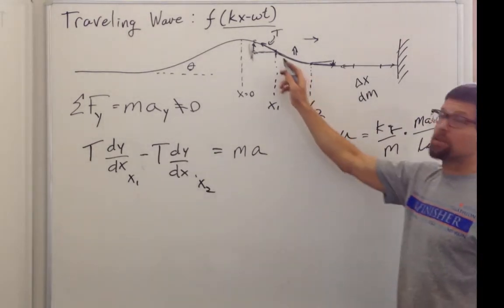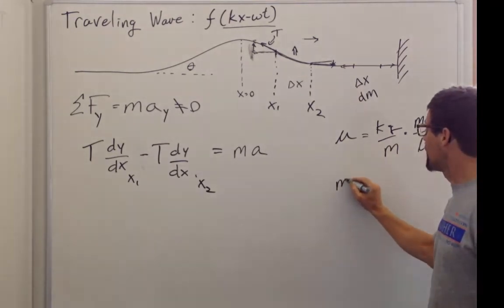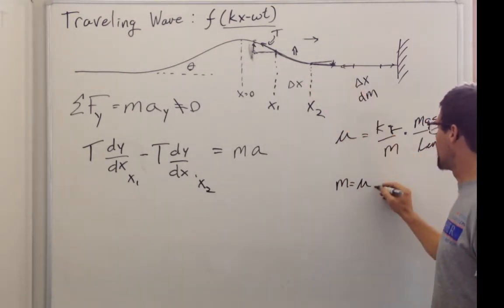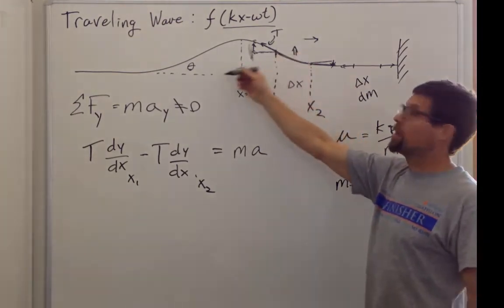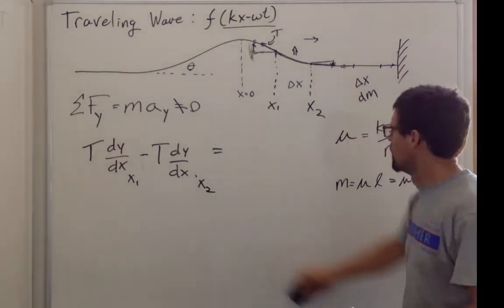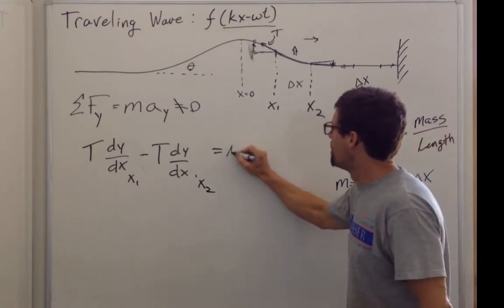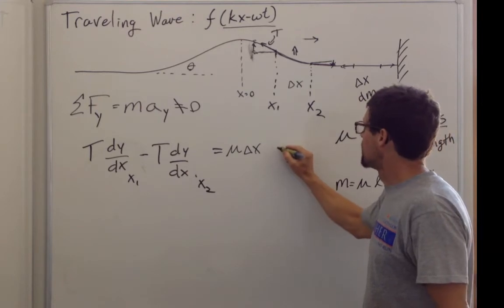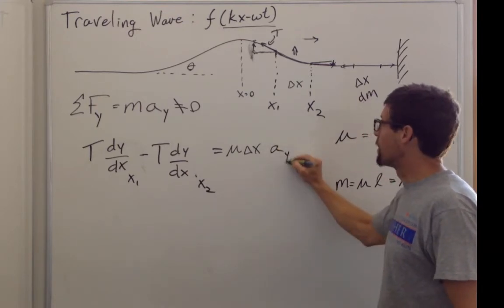If you want to know the mass of this chunk of string, the mass is just going to equal the mass density times the amount of length that you have. And in this situation, because we're using the small angle approximation, this is about equal to mu times delta x. So now we can substitute in and say this is equal to mu delta x times the acceleration in the y direction.